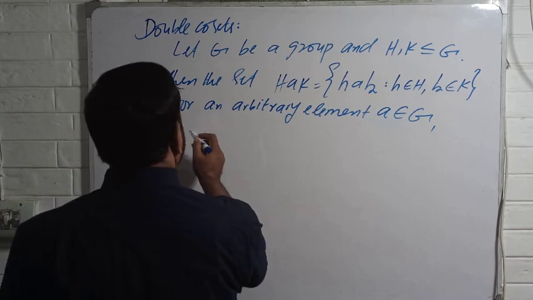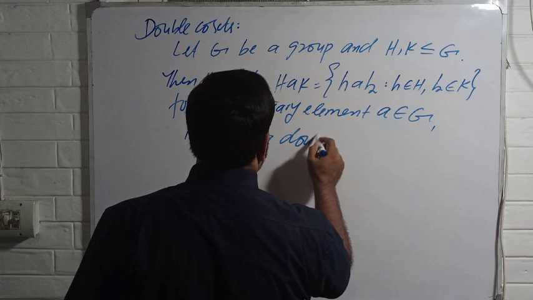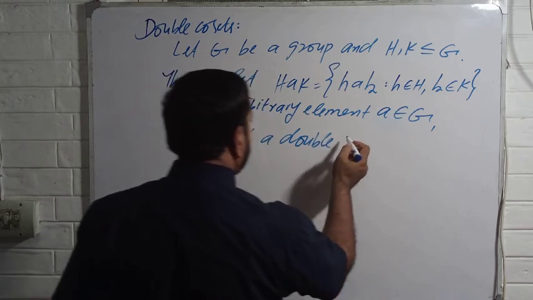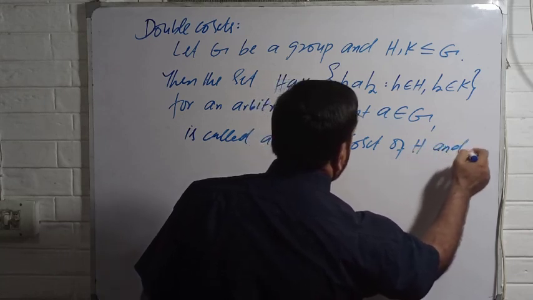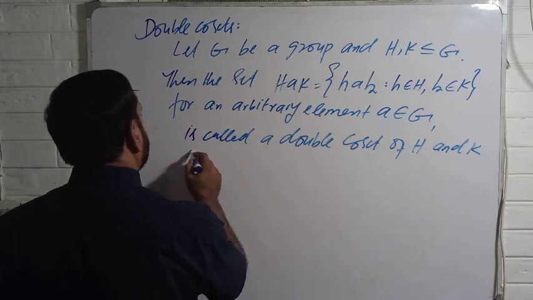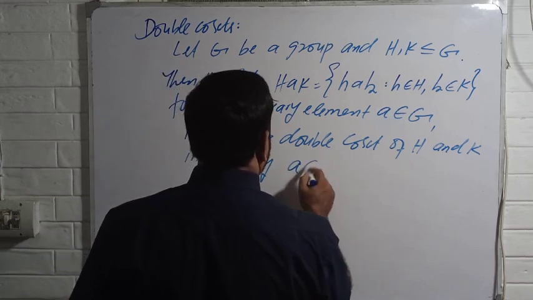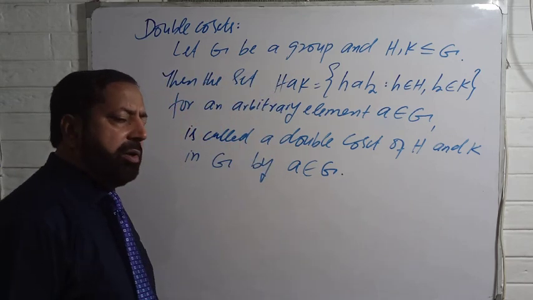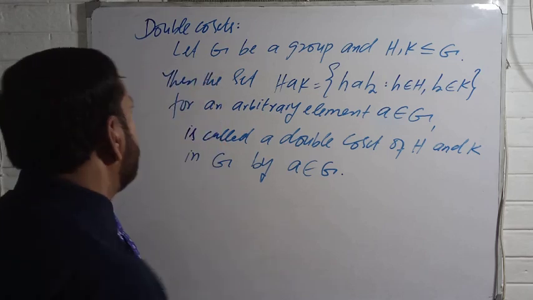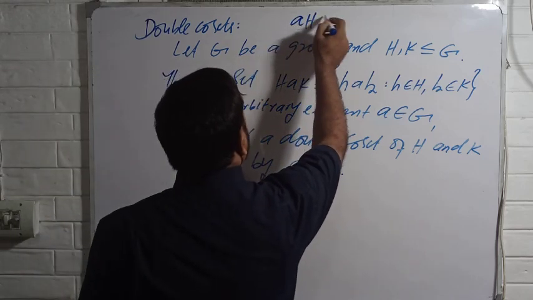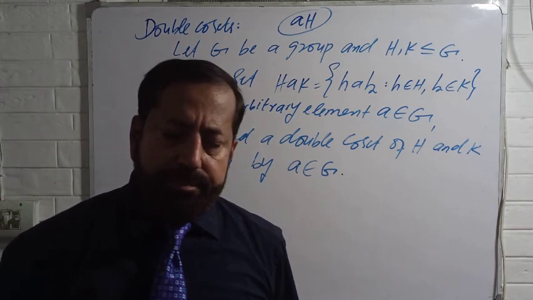It's called a double coset of H and K in G by a belonging to G. Okay, just like the previous idea, you know that aH was the left coset of H in G by a.